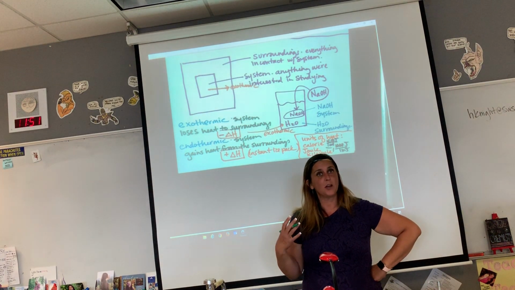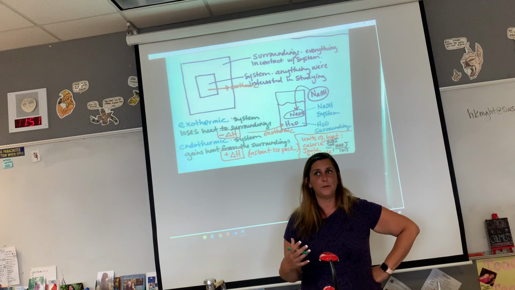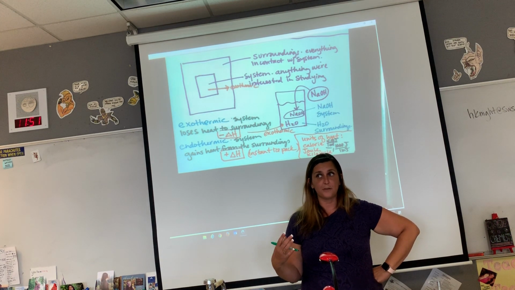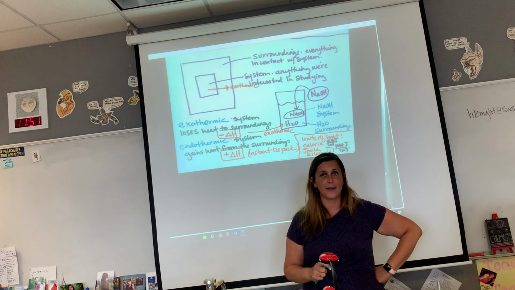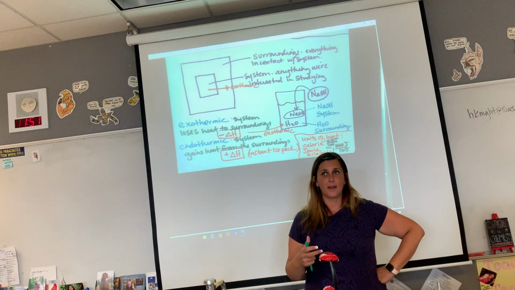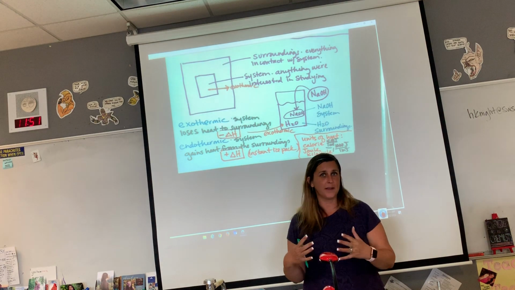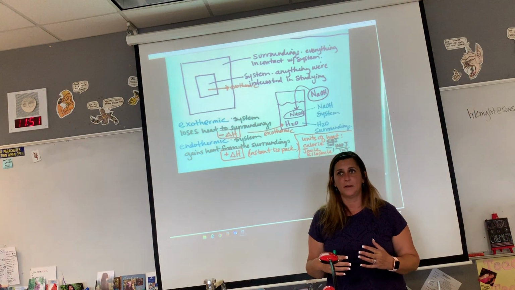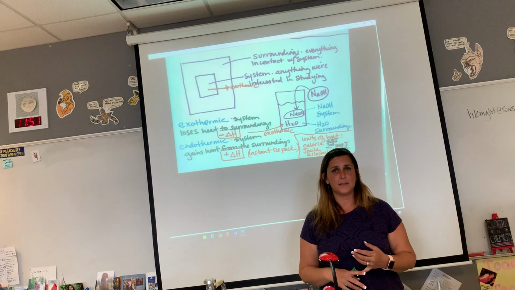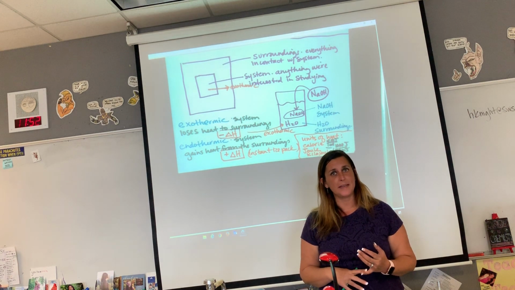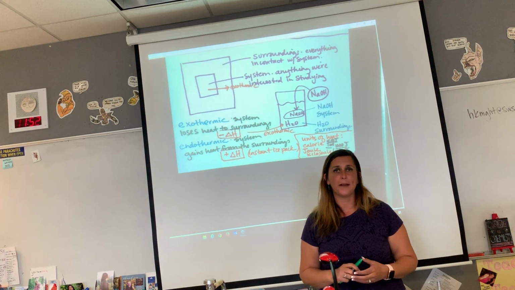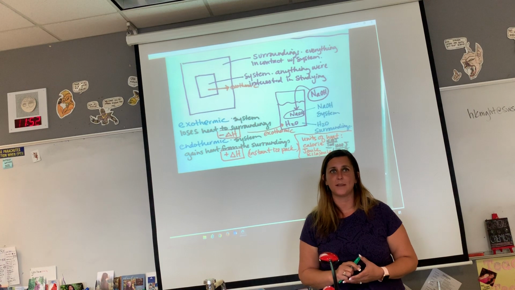anyway, a calorie, if you are somebody who likes to check on your food calories or anything like that, a calorie that we talk about in chemistry is a little bit different. A calorie is just the amount of heat that's needed to heat up 1 gram of water by 1 degree Celsius.